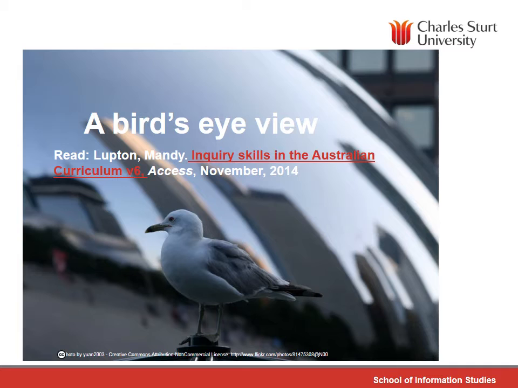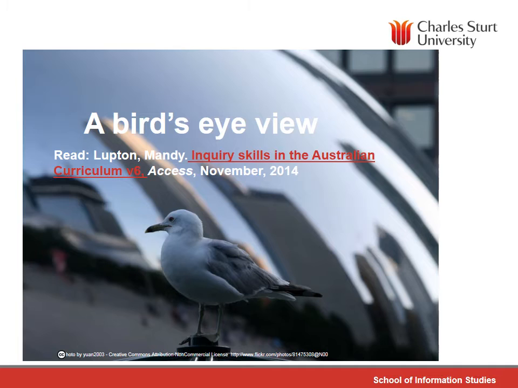There are two really outstanding star teacher librarians in our teacher librarian world, and one of them is Mandy Lupton. She's a senior lecturer and coordinator of the teacher librarian program at QUT, and one of her areas of expertise is inquiry learning and information literacy. She did an analysis of the inquiry skills in the Australian curriculum from foundation to year 12.